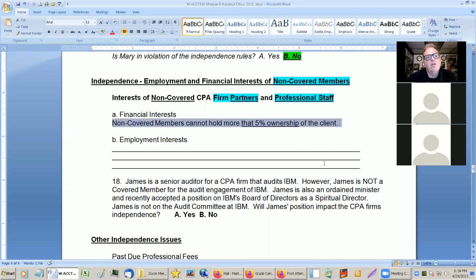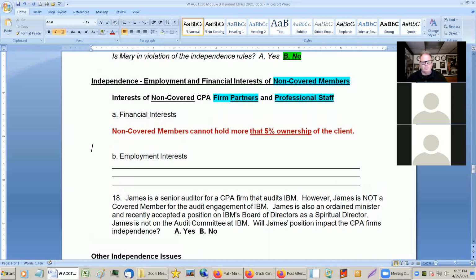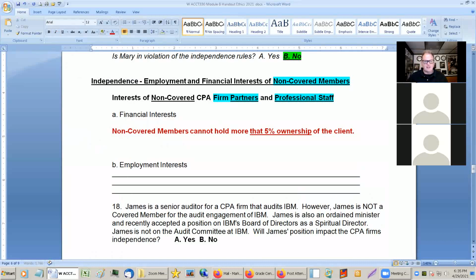And if anyone, so you could be a senior in wherever, and if this is the case, the entire audit firm is not independent.